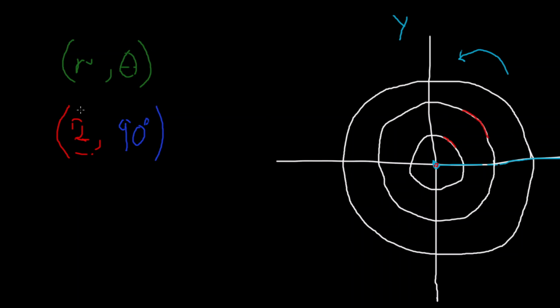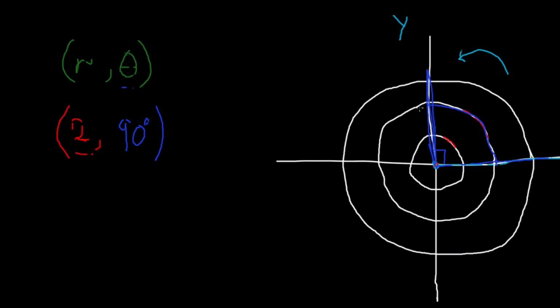So the point is somewhere on the circle. So we see the angle theta. Theta is 90 degrees. So as we said, we start from here, the positive x-axis, and then we go counterclockwise. 90 degrees is somewhere right here.